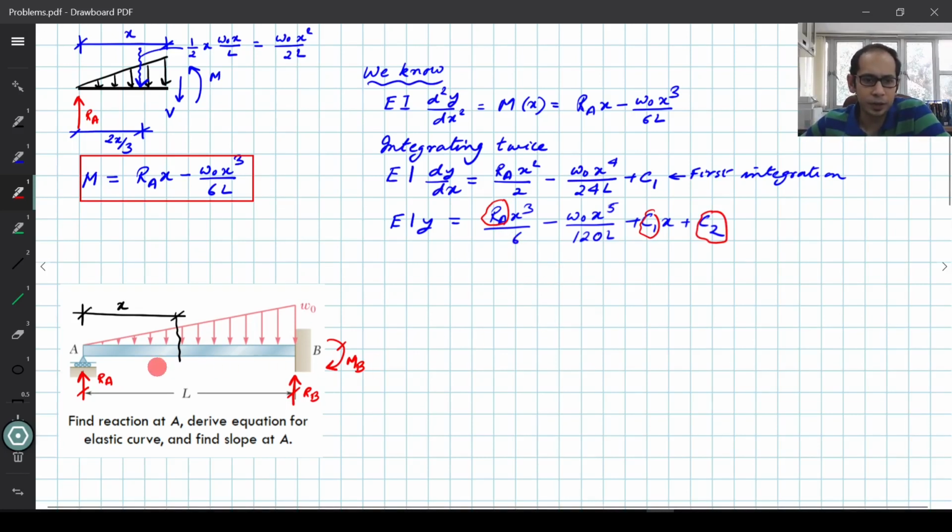Why? Because at this left end, at x equals 0, my deflection equals 0. At x equals L, my deflection equals 0, as well as at x equals L, my slope, that is dy/dx, equals 0. So let's go ahead and write the boundary conditions.